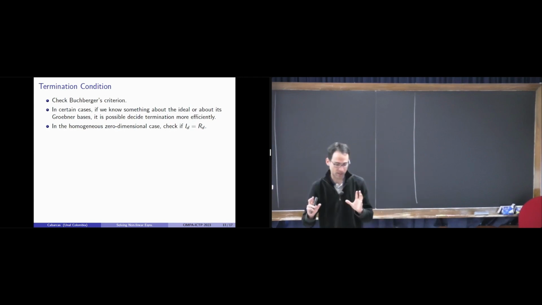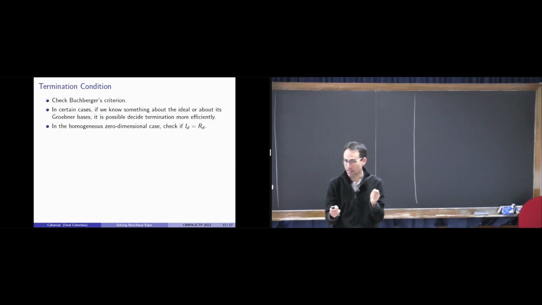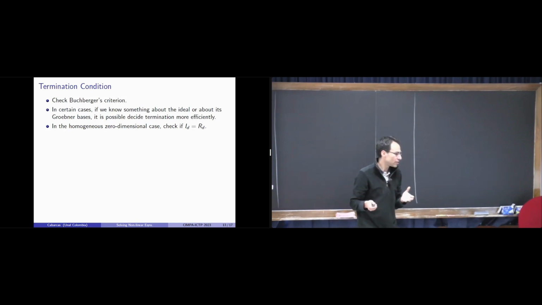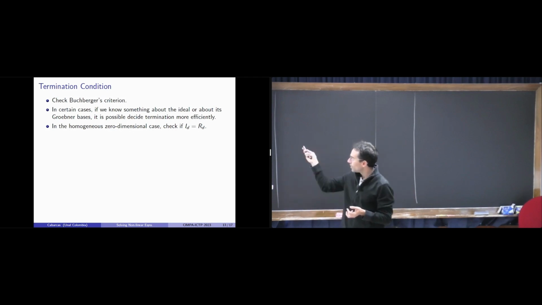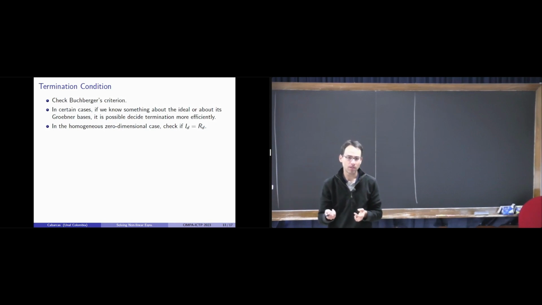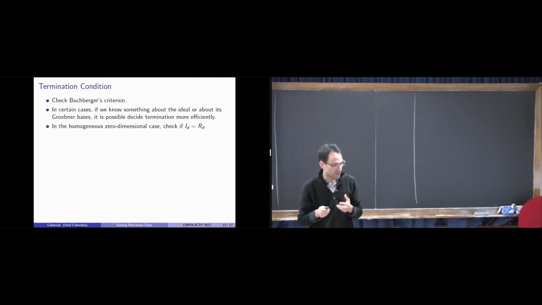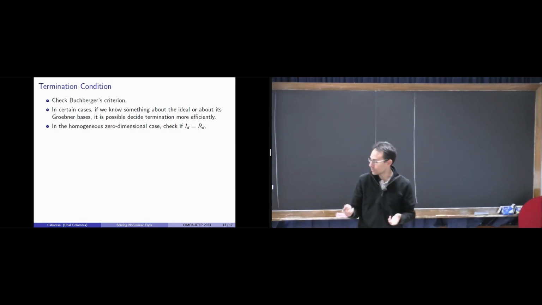So it's like isolated points. Then in that case, at some degree, you're going to get all the monomials. The dimension of the space at some degree is going to be the same as the dimension of the polynomial ring. So we can simply go up to the degree where we get every single monomial of that degree as a leading term. And there, you know that we're done. So that is a possible way to terminate. It's common to do this, and it's very useful.